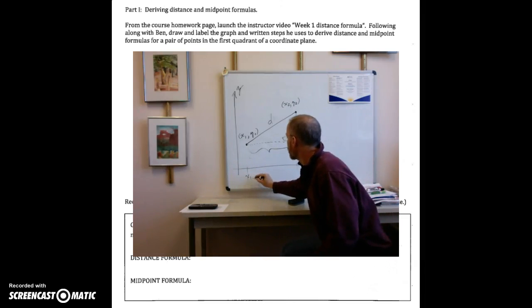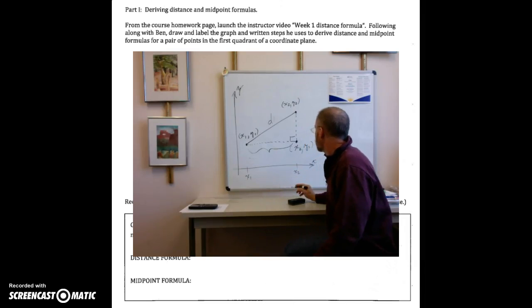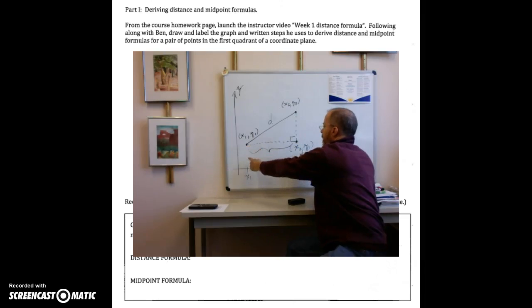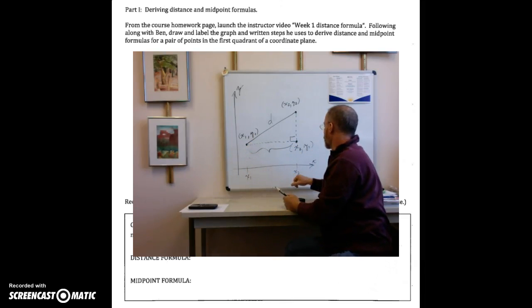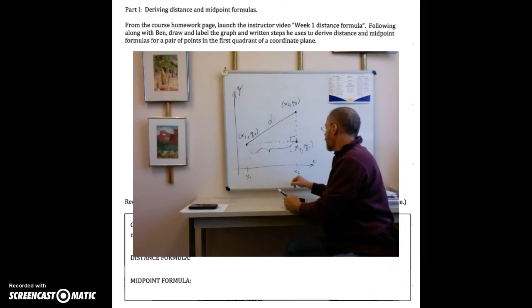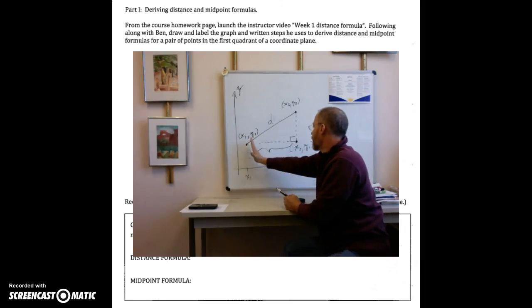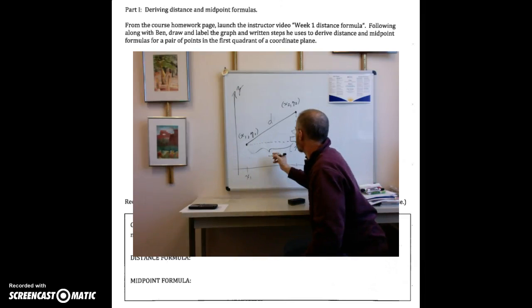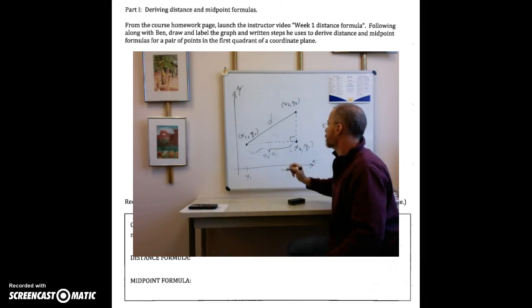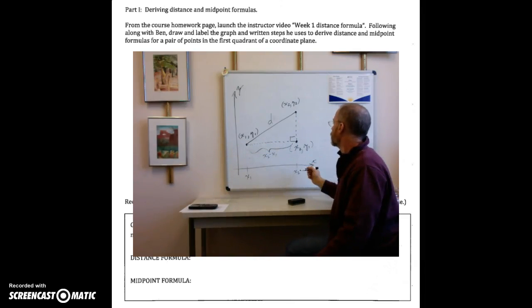I'll even label those x1 and x2. The straight line distance between those, if x2 is a larger number than x1, apparently here, if you do x2 minus x1, don't you get that length? So this is just the difference of the x-coordinates of these 2 points, x2 minus x1.